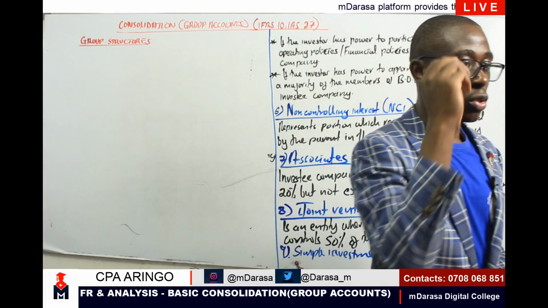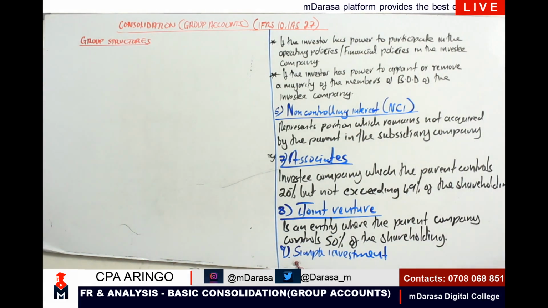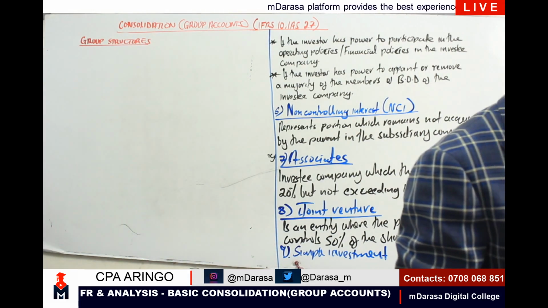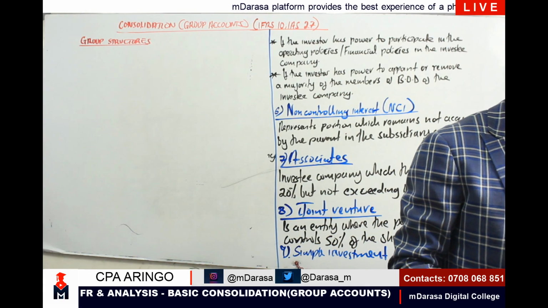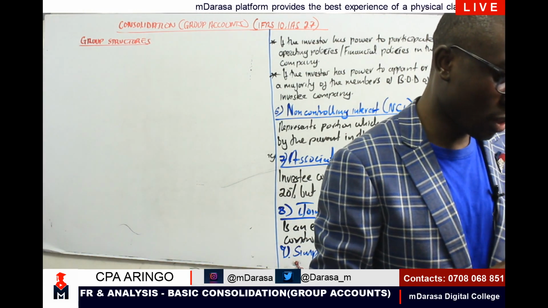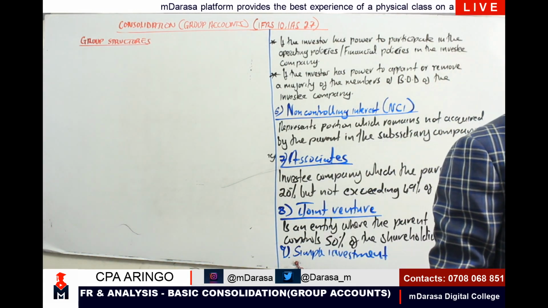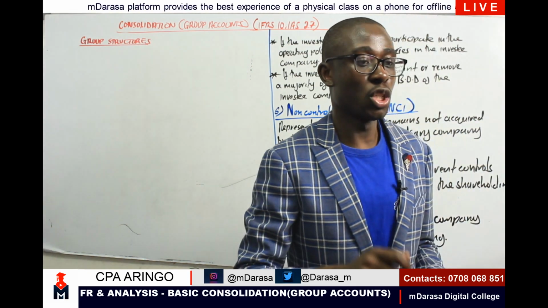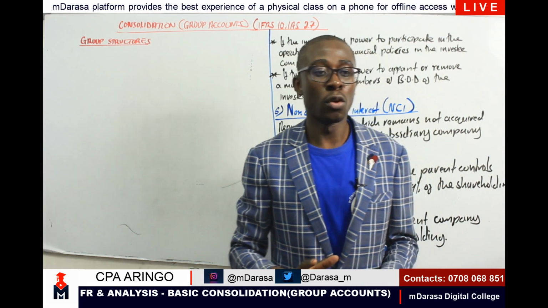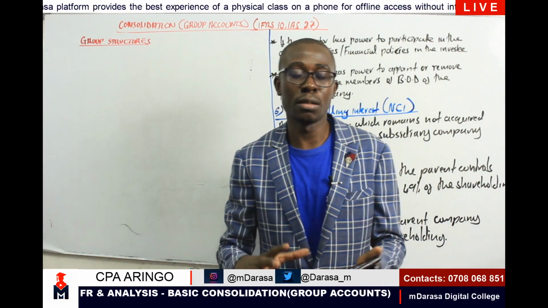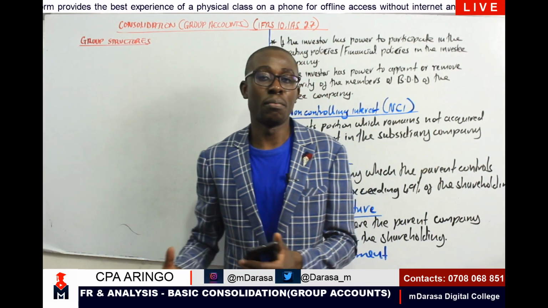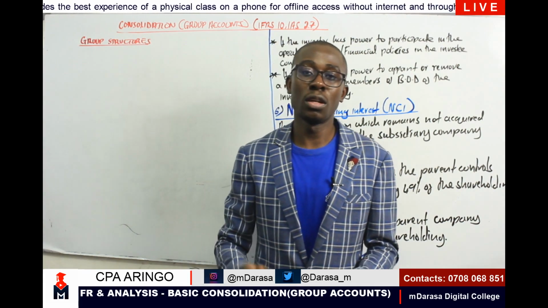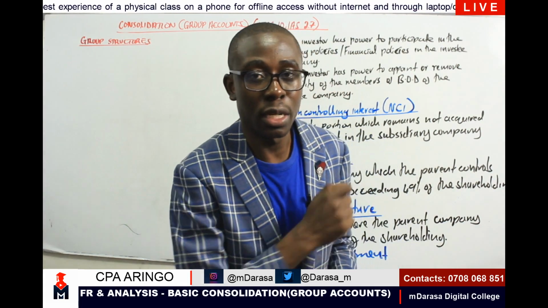Anytime you are talking about group structure, my good students will find that for the parent company to consolidate the operations of the investee companies, it should first determine the group structure and the shareholding. For us to consolidate our subsidiaries together with the parent, we must first of all determine our group structures.